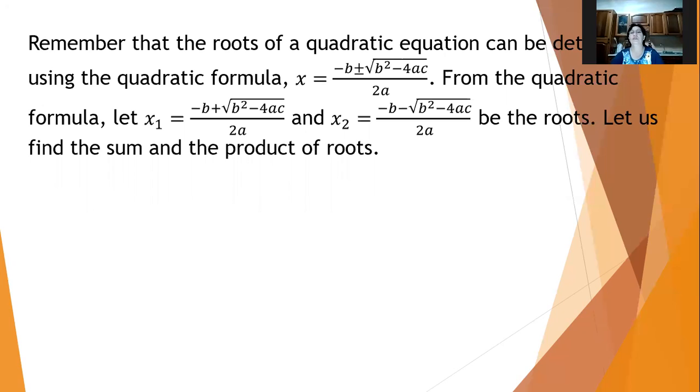From the quadratic formula, let x sub 1 is equal to negative b plus the square root of b squared minus 4ac over 2a, and the other one, x sub 2, is equal to negative b minus the square root of b squared minus 4ac over 2a, be the roots. Let us find the sum and product of the roots.